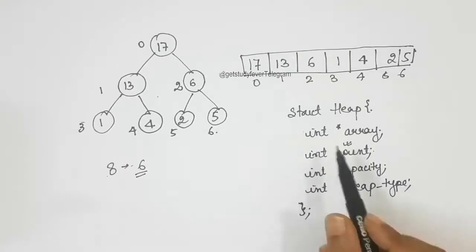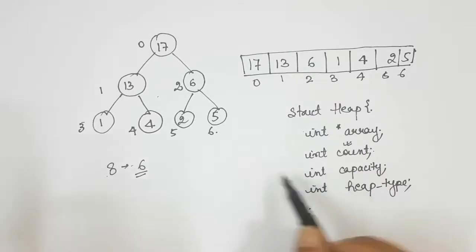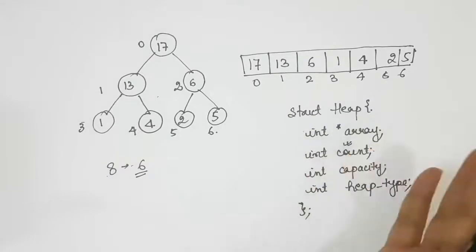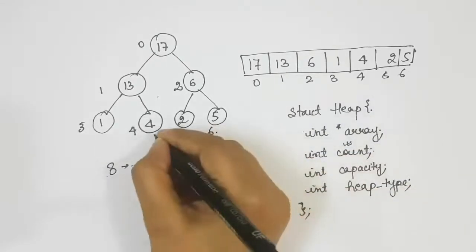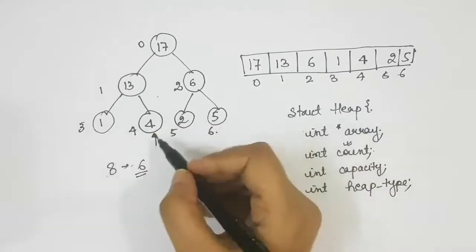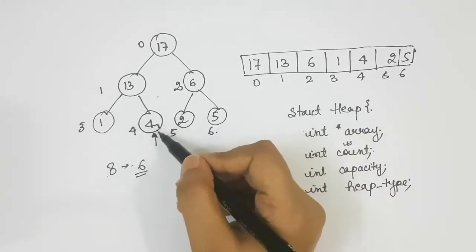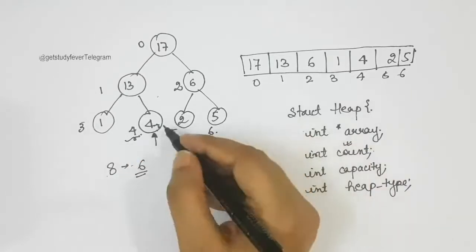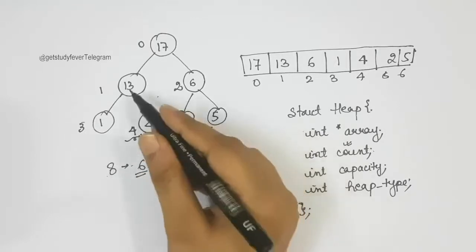Now, one thing to note is that when we have an array representing a heap, let's say this is a node and I have to find the parent element for this node. I have the index and I want to know at which index the parent of this child is located.